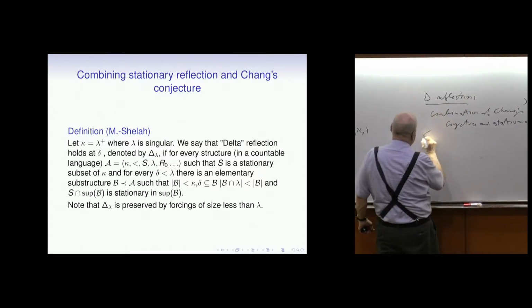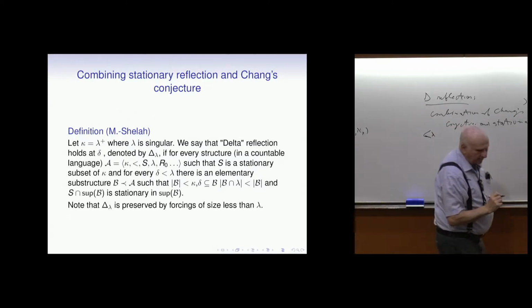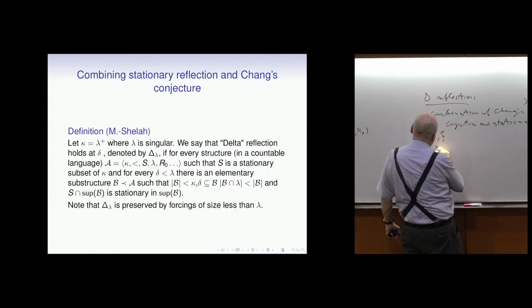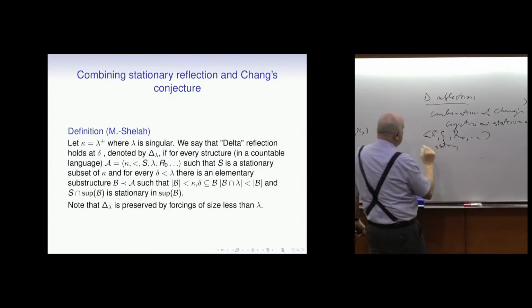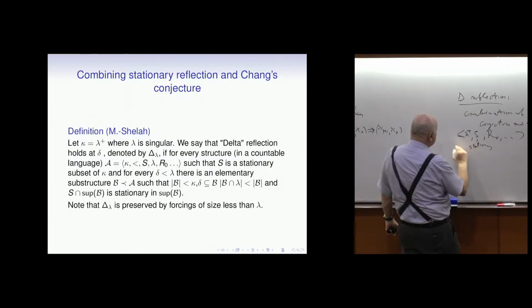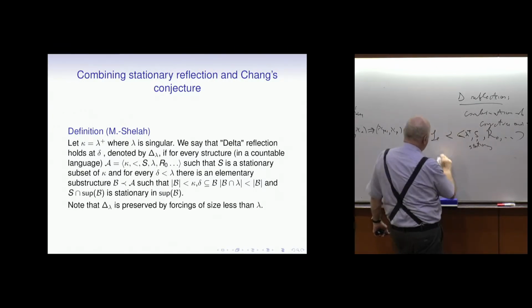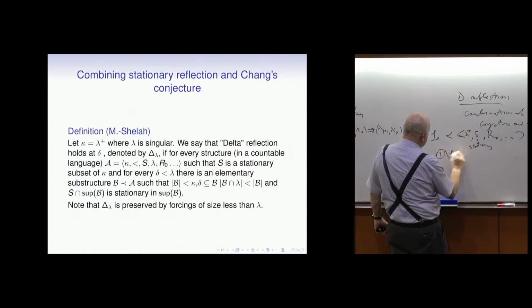Okay, so suppose you have the following picture. Here is the cardinal, I'll denote it lambda plus. You have some stationary subset of lambda plus. This is stationary. You have some distinguished predicate, R0, and some other predicates. What you want, the reflection you are asking for, is an elementary substructure B with the following property. One, of course, that B has cardinality less than lambda.